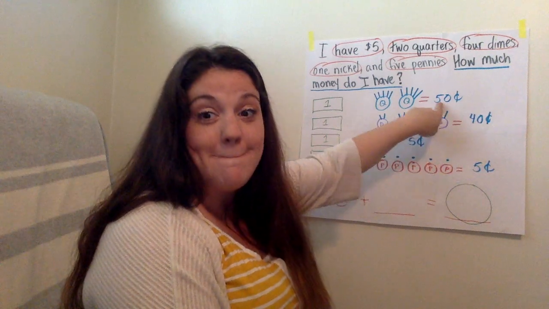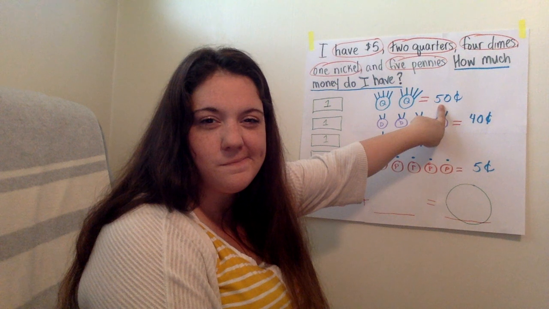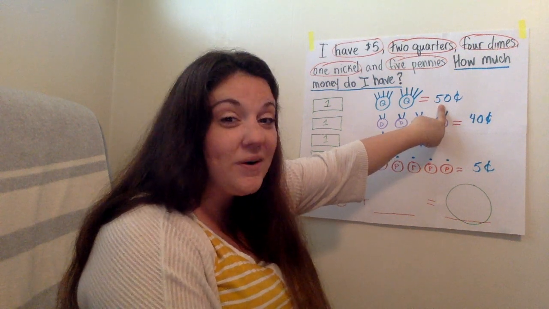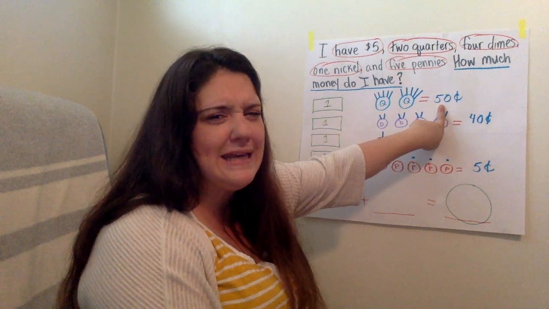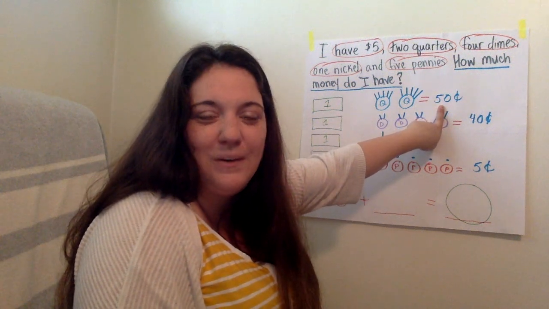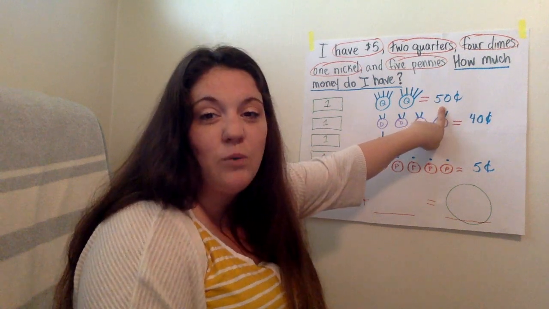Now let's think about it. If I had 50 plus 50, what would I have? I'd have 100. Or in this case, because we're working with money, it technically is 100 pennies if you want to get technical, but we also call that $1. And that's what you've been working on all week.